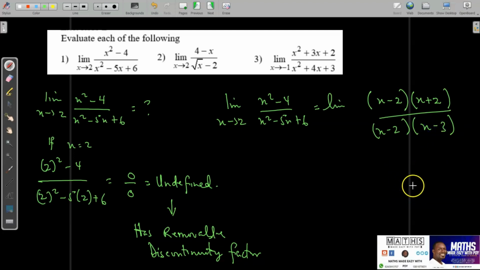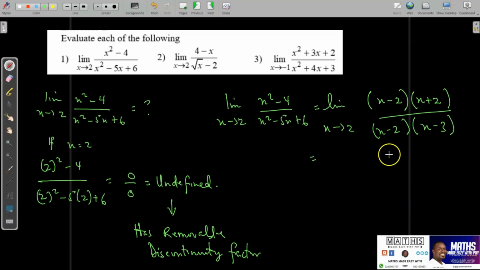For those of us who are not sure, x times x will give you x squared. x times negative 3 will give you negative 3x. Negative 2 times x will give you negative 2x. Then negative 2 times negative 3 will give you positive 6. We had negative 3x and negative 2x; when you put them together, you get negative 5x. So our limit of x squared minus 4 is this, and the denominator is that in factor form, as x approaches 2. My people, are you with me?